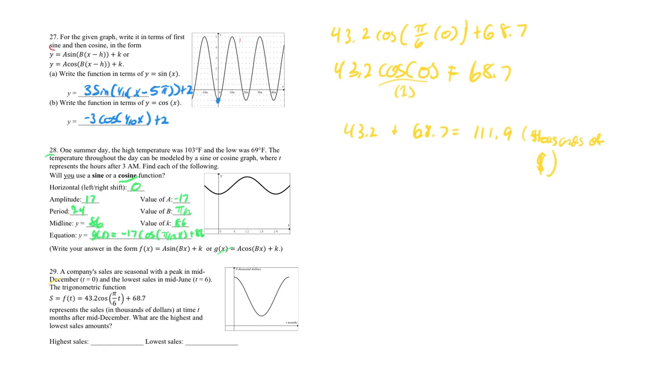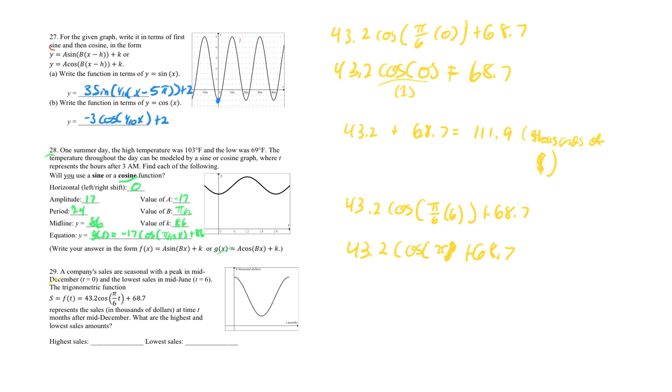And then we are also told that we have the lowest sales at t equals 6. So again, 43.2 cosine of pi over 6 times 6 plus 68.7. We'll simplify inside that cosine to be cosine of pi.